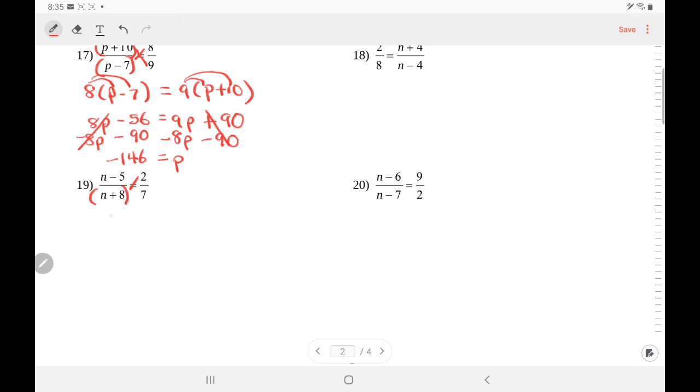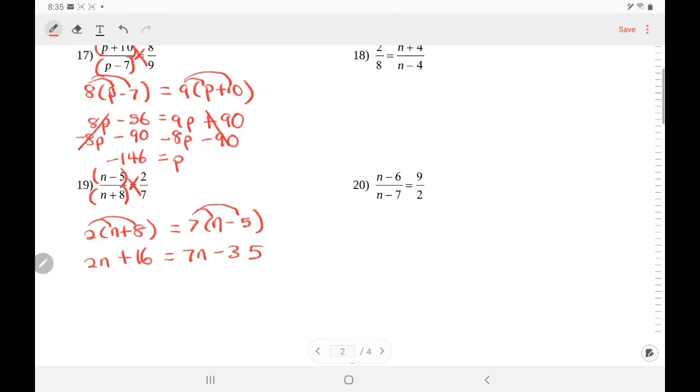Cross multiply, so 2 times n plus 8 equals, cross multiply, 7 times n minus 5. Distribute the 2, so 2n plus 16 equals, distribute the 7, 7n minus 35.